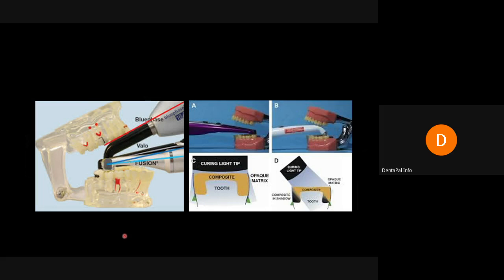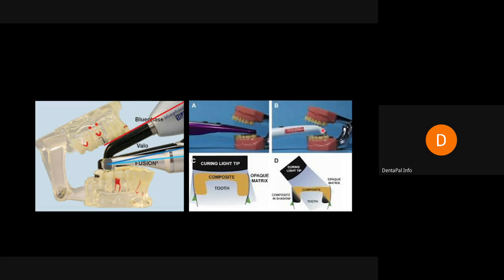The other tip that you should take care of is the shape of the tip. Look here at this device. This is a straight light cure. And when you use this straight light cure, you can place it directly over the tooth, even on the upper and lower teeth. But look at this picture.